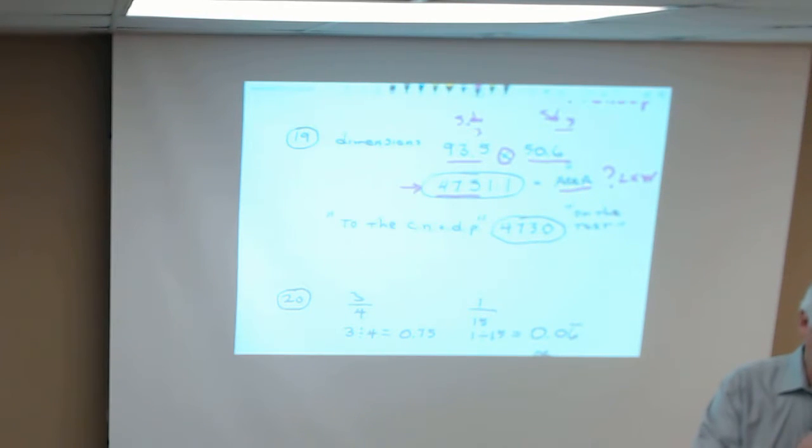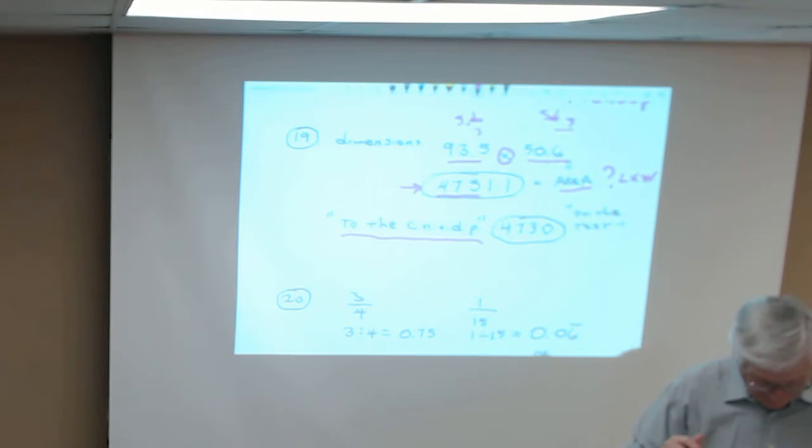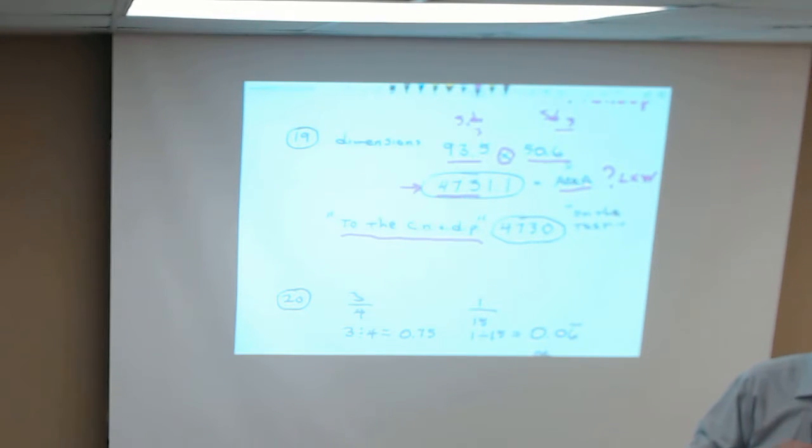So the answer is 473 with a 0 for a placeholder. You got it? To the correct number of decimal places. Watch for that phrase. That's where you have to use the stuff about significant digits. And write down notes. Keep these sample problems with you so you can figure this out and get it right.